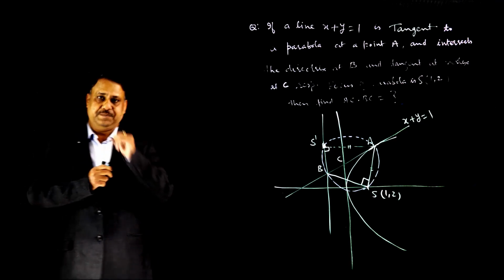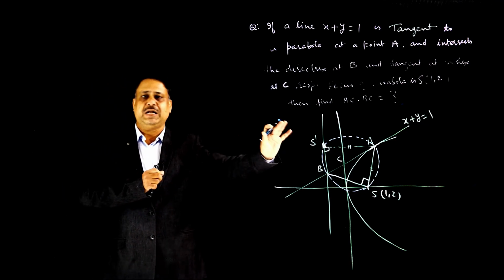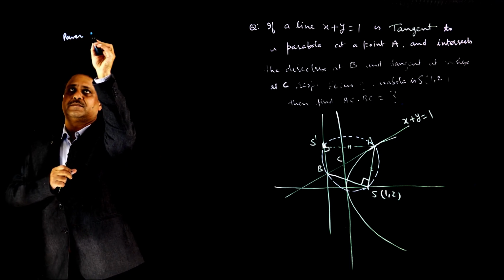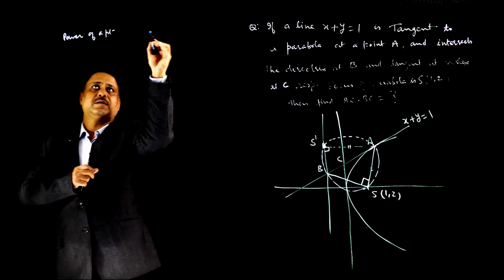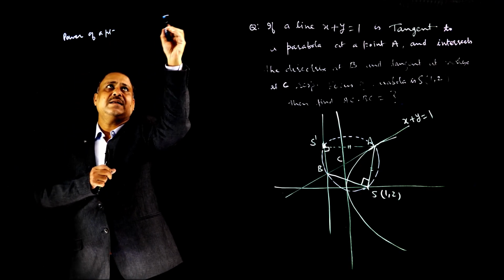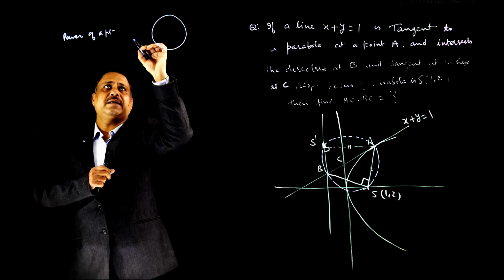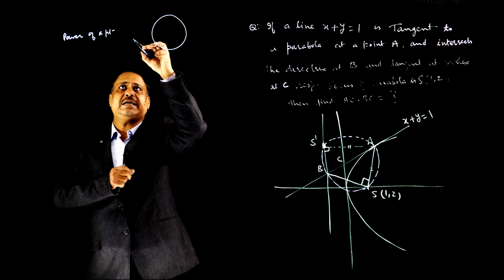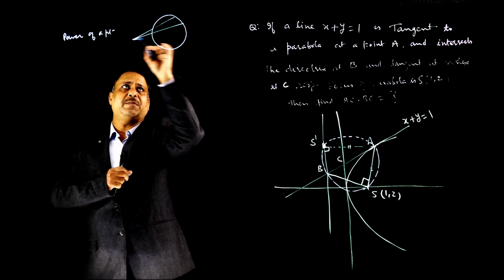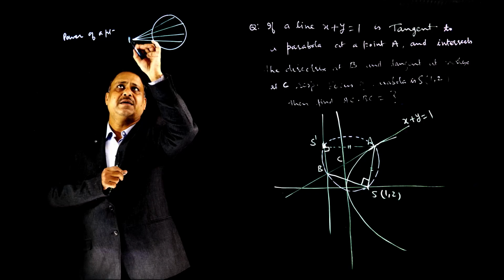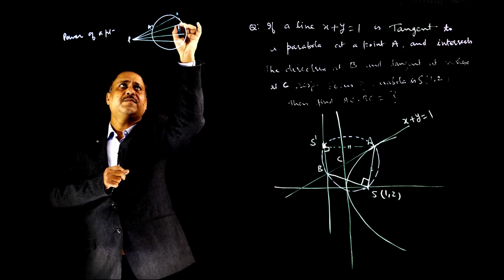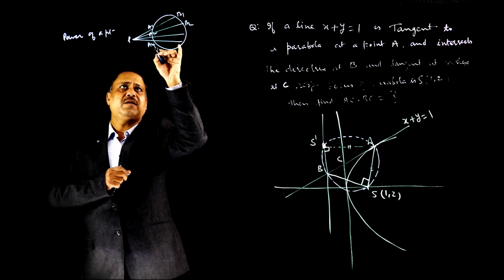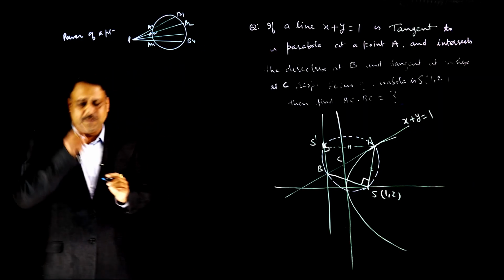Then there is a property in circles. This was the parabola concept; now, power of a point. Suppose this is a circle and the point is outside, or the point may be inside. If the point is outside, then with P and secants through A1, B1, A2, B2, A3, B3, A4, B4, and so on, the product will be constant.